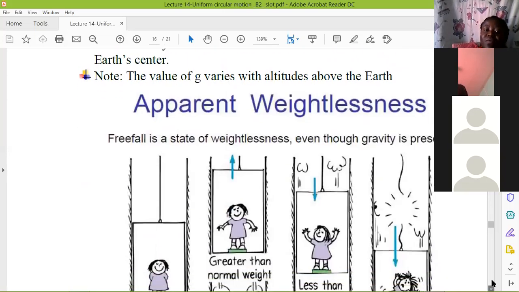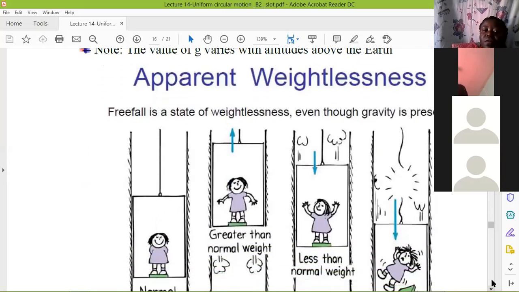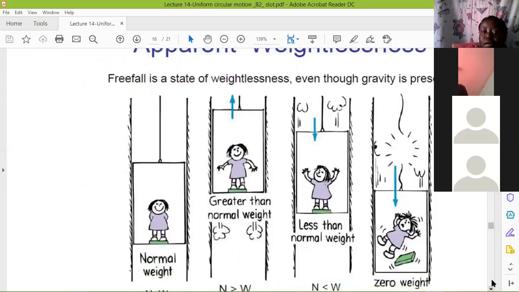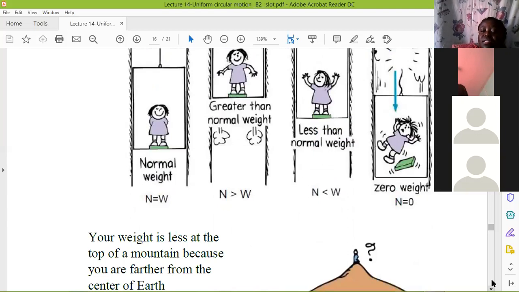Okay, so the apparent weightlessness, I think you even touched more on that. Free fall: if you're falling due to the gravitational acceleration, this is just something we have said. I think we touched on that when we were looking at the forces.